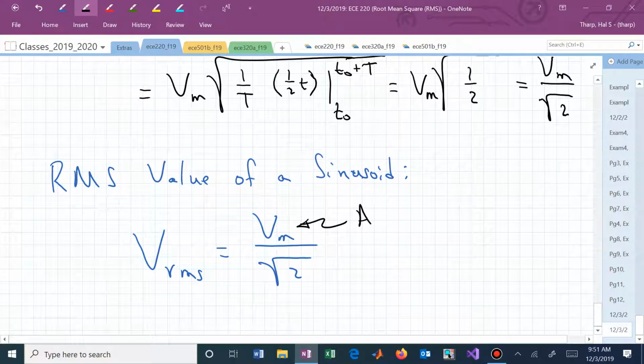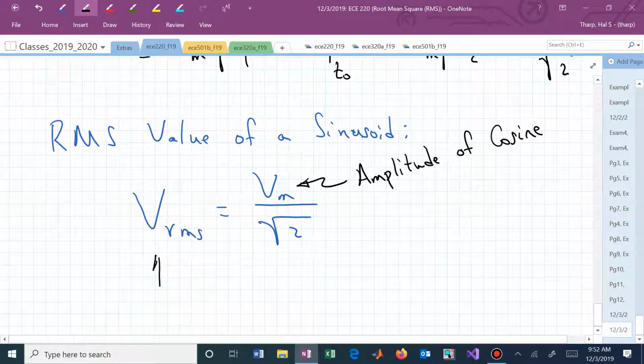Where this was just the amplitude of the cosine, and we could have rederived this for the sine, you would see that it would give you the same formula.